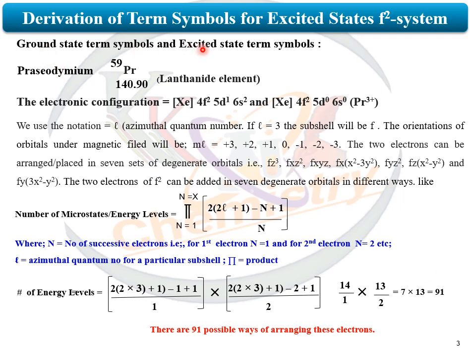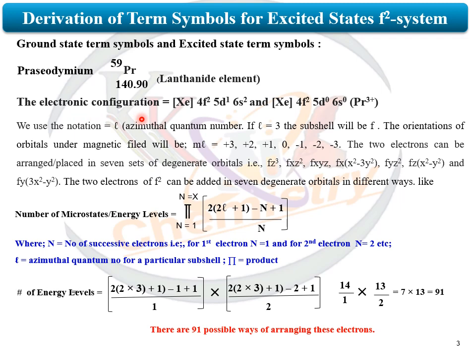Here, now we are going to start the term symbols derivation for the f2 system. You know that lanthanide elements have the last electrons filled in the f subshell. Here it is a 4f subshell. So praseodymium we have taken over here.